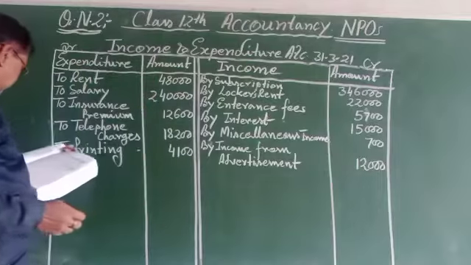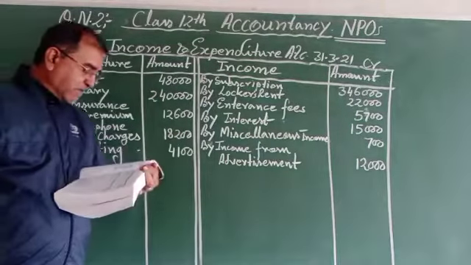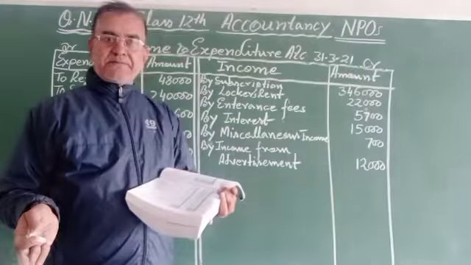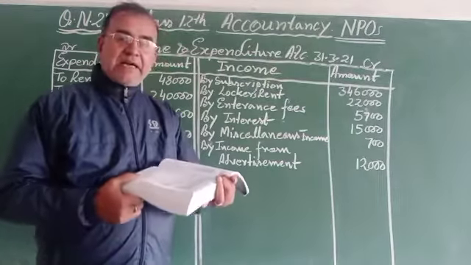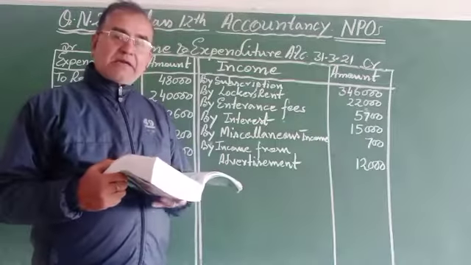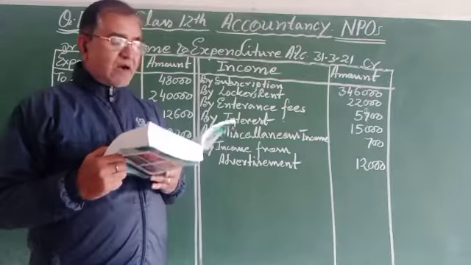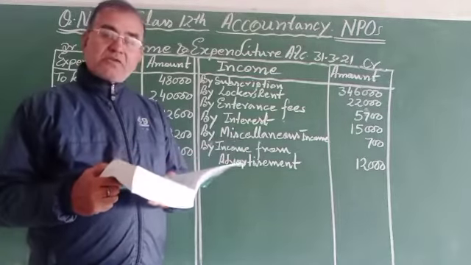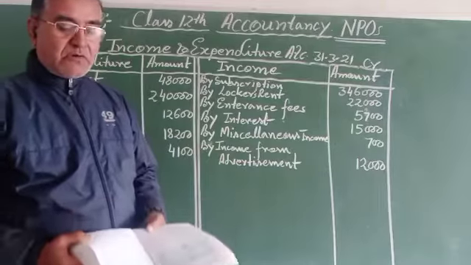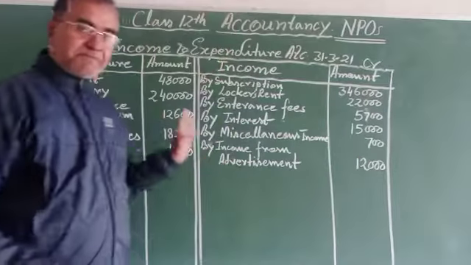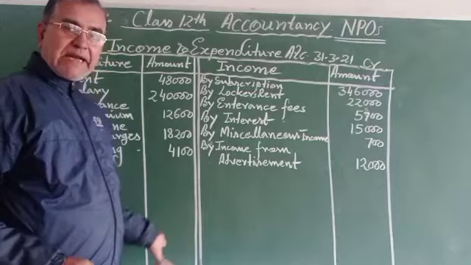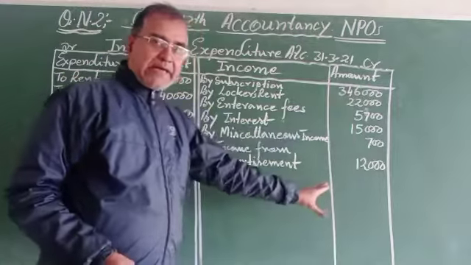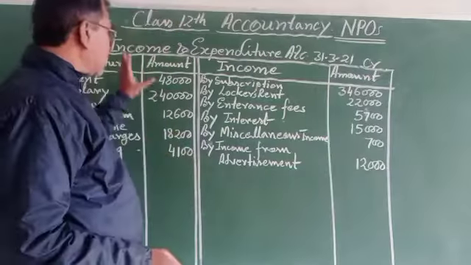And other information given is investment purchase. The money invested by the organization, purchasing the investment, will be an asset, and the cash balance will also be an asset shown in the balance sheet. So we have to ascertain the surplus and deficit of the organization. Now take the total of the credit column, the income column, and the total of the expenditure column.